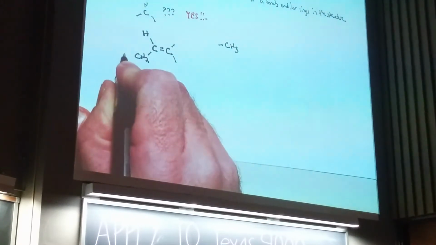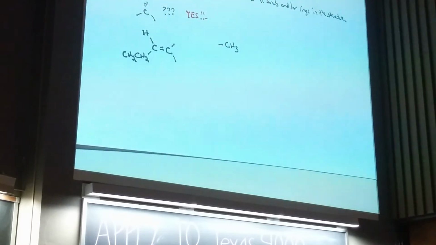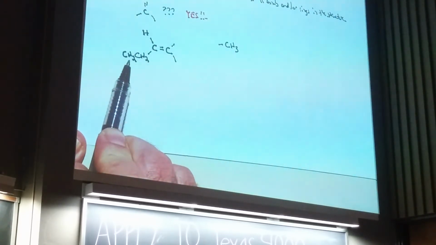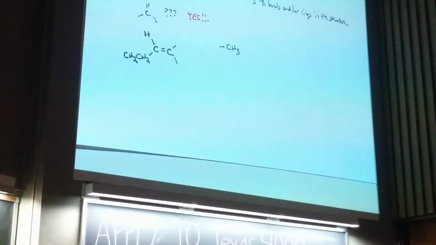Well, maybe I have something that looks like this. But then this carbon is adjacent to 2 hydrogens over here and 1 over there. What's this signal look like? Kind of looks like a quartet.